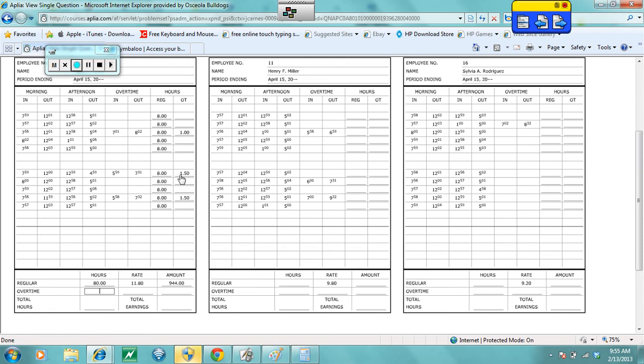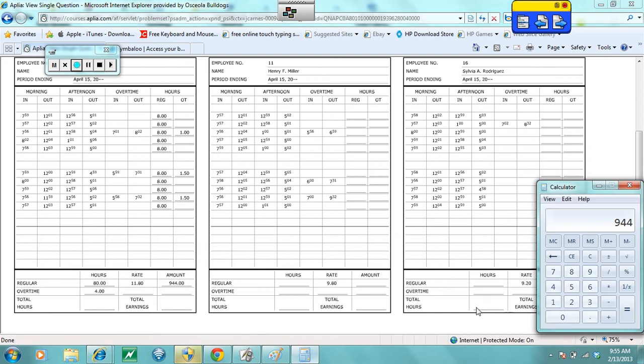Now we add up our overtime. We don't need a calculator for that. 1, 2, 3, 4 hours. Now, the rate of overtime is 1.5 times your regular rate of pay. So we're going to take the 11.80 and we're going to times it by 1.5.